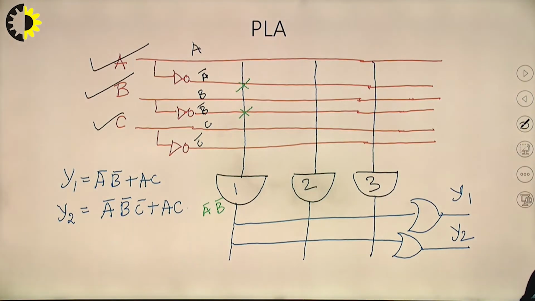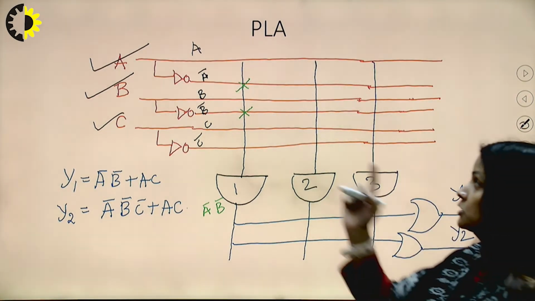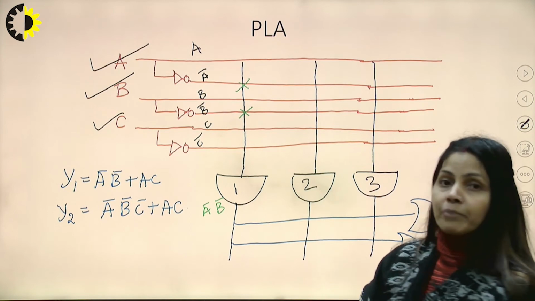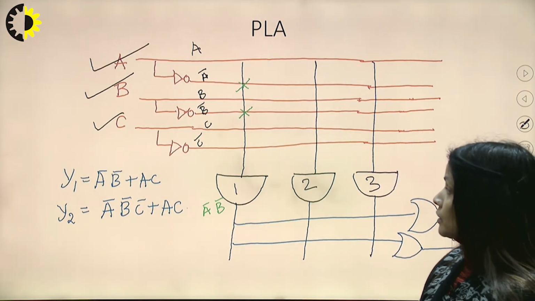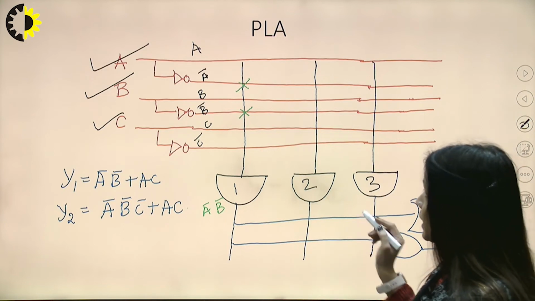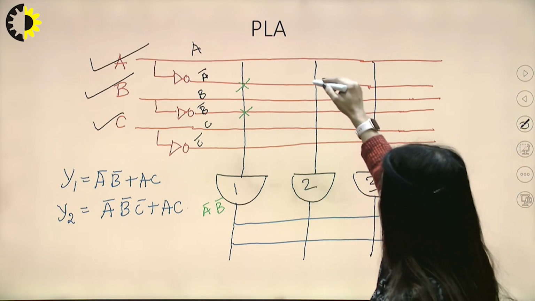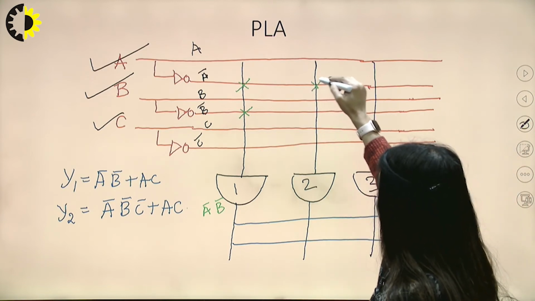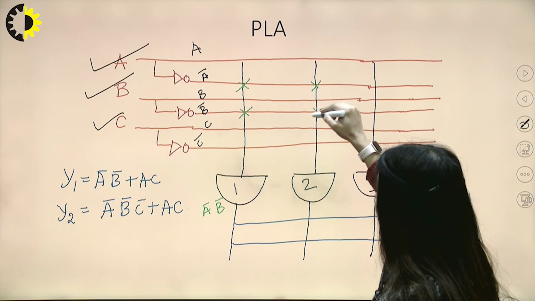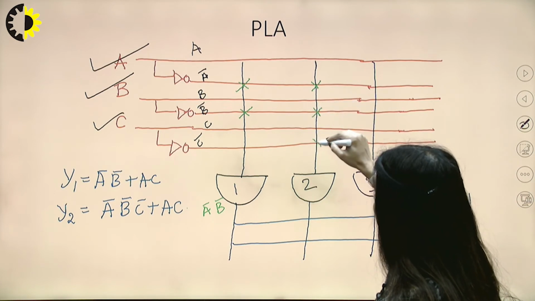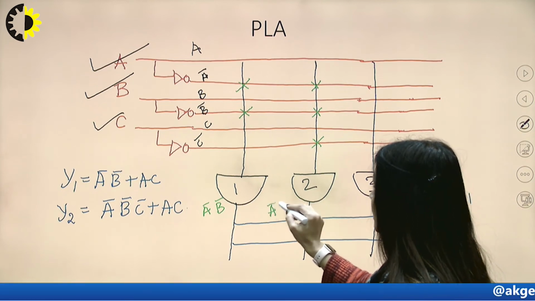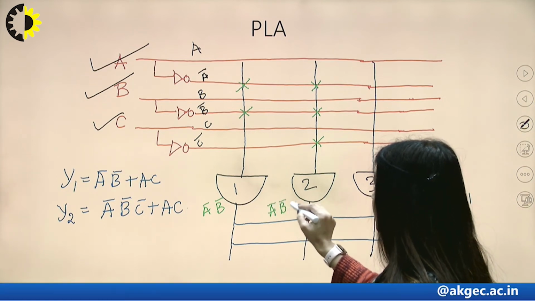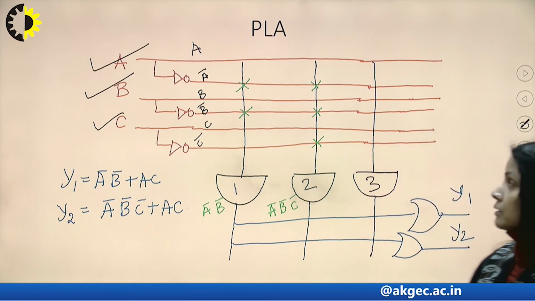Okay, right? Because these 2 lines are getting multiplied with each other to give this particular output. Now the second is a bar b bar c bar. A bar, b bar and c bar. So the output will be a bar b bar c bar. Okay.